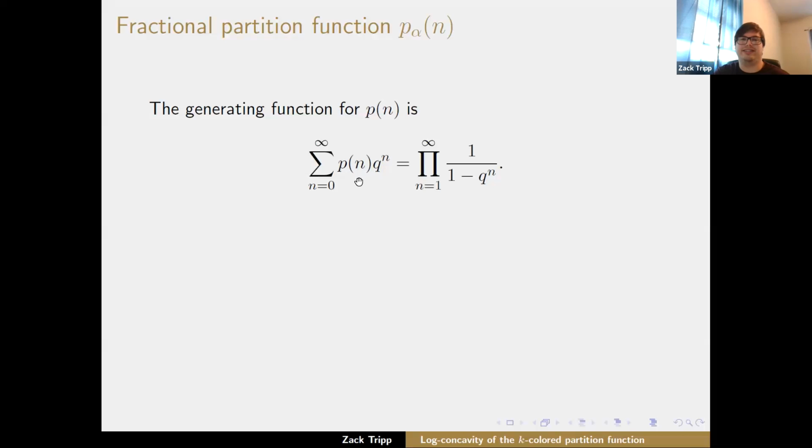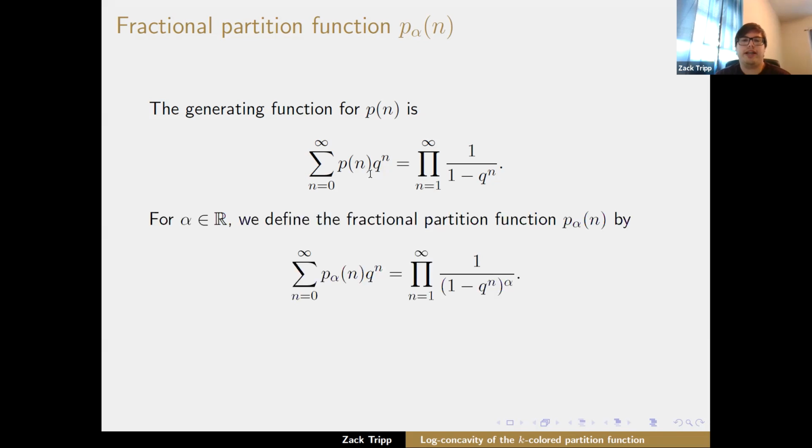Well, you'll see that you're just doing partitions of n. And if we take the alpha power of the right-hand side, this is now going to be a q-series. We might not know what it looks like yet, but we do know it'll have some coefficients, and we call those p_alpha(n). This is going to be the fractional partition function. The idea being, we're taking a fractional power of the partition generating function.